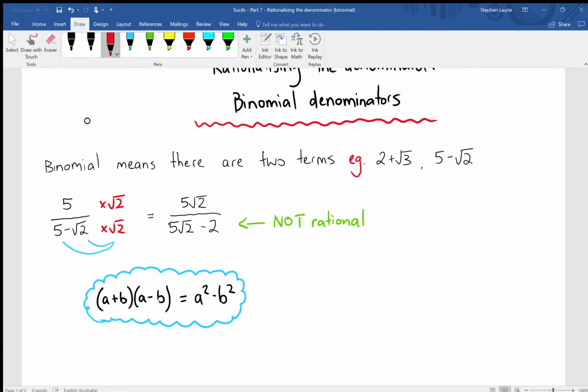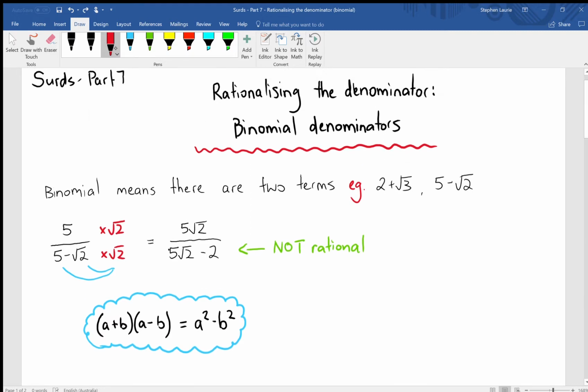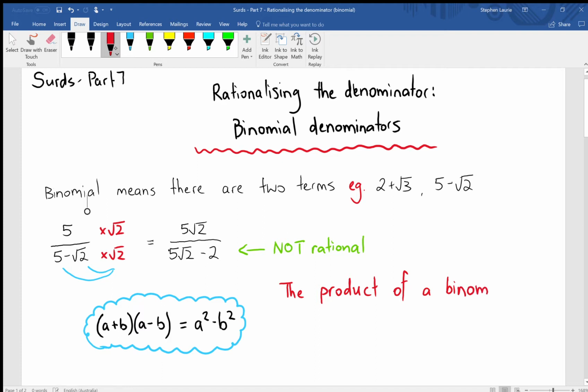And in terms of surds, what we saw was that the product of two surds like this, which we called conjugate surds, so the product of a binomial surd and its conjugate, is always rational.